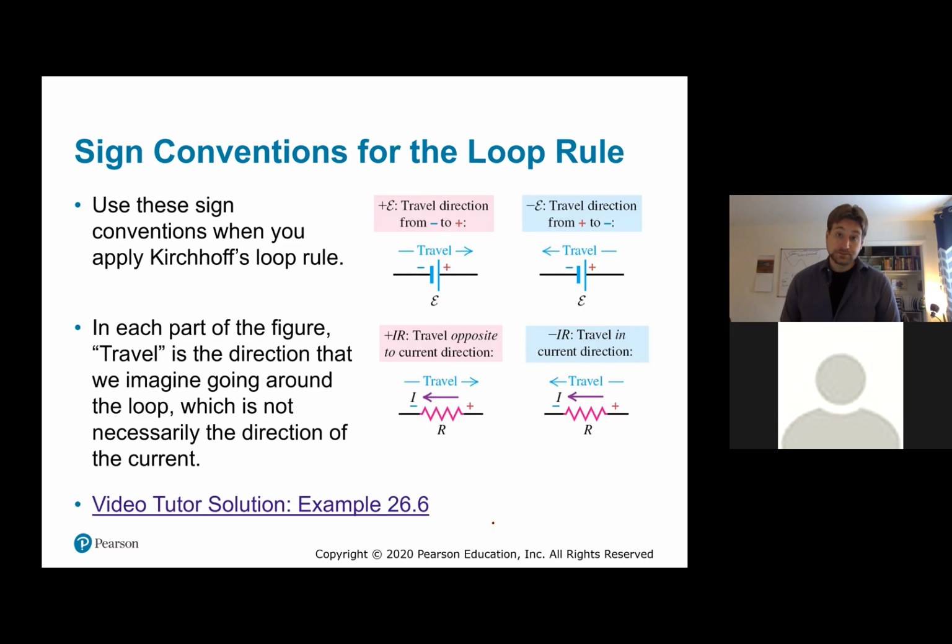If, as we're traveling a particular loop, not as the current is, but as we are considering a loop, as we are moving around the loop, we might be moving around the loop in the same direction or the opposite direction to the current.